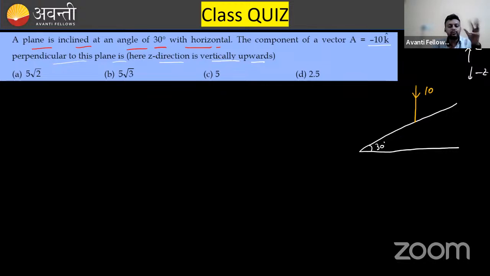How many of you know how to resolve vectors, that a cos theta, a sin theta thing? How many of you know? If you know, I will move straight towards the answer. Now you have 10 or 15 seconds to answer the question. I have elaborated the situation. Take some 15 seconds.